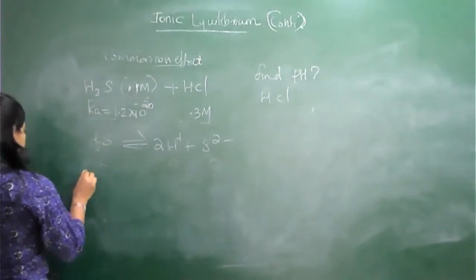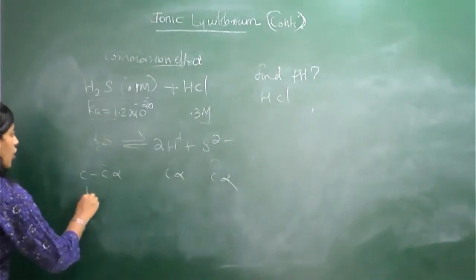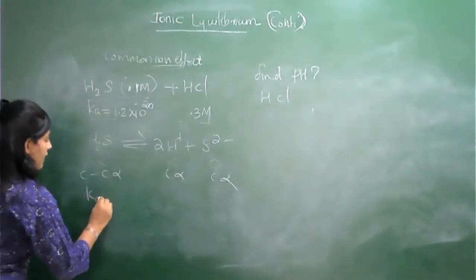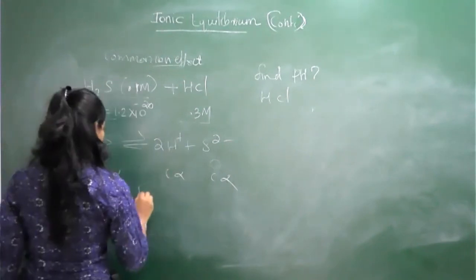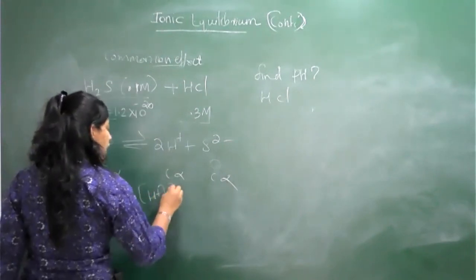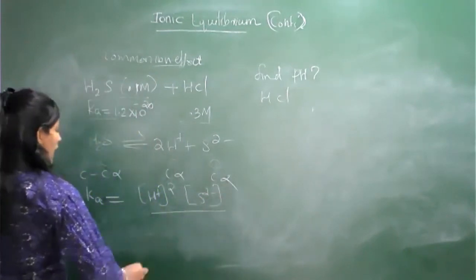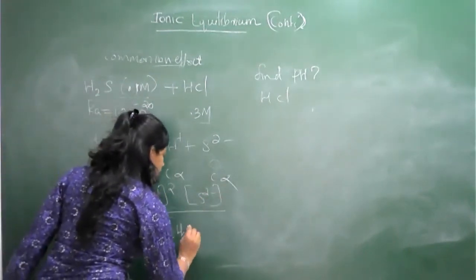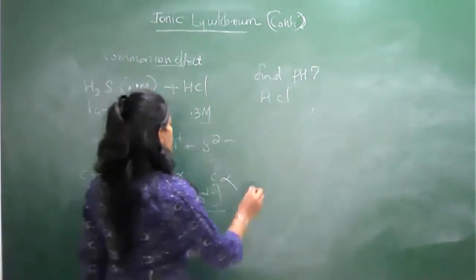C minus C alpha, C alpha, C alpha. So what about the Ka value, students? Concentration of H plus square into concentration of S2 minus, whole divided by concentration of H2S.